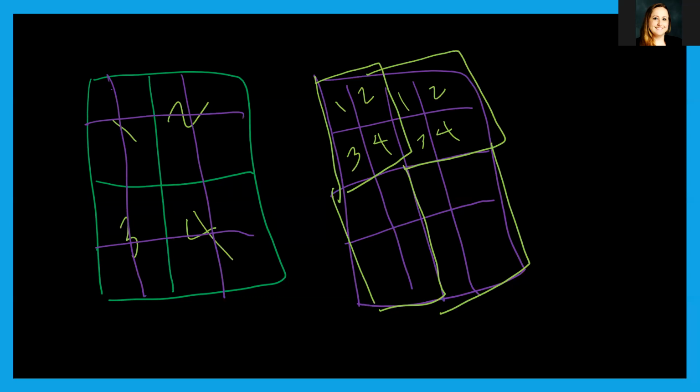And so then here, if you were to combine them, this would be 1,1, this would be 1,2, 1,3, 1,4 over here. So all these are going to start with 2, and then the order is 1, 2, 3, 4.